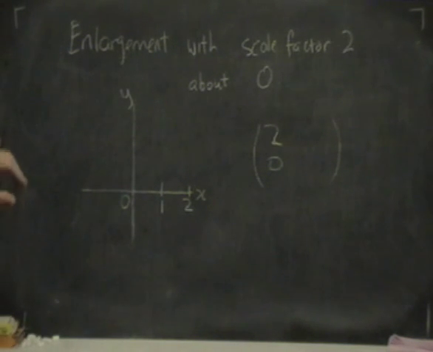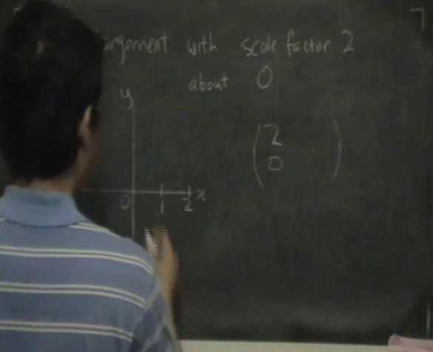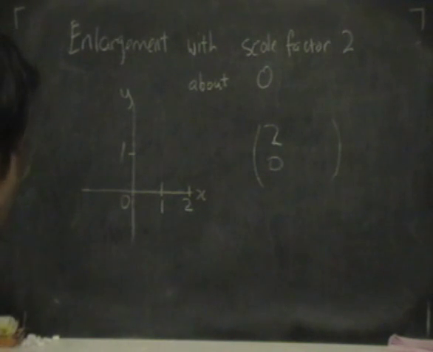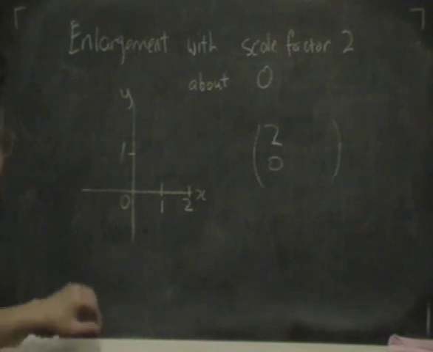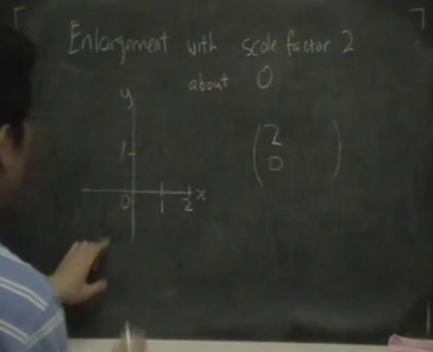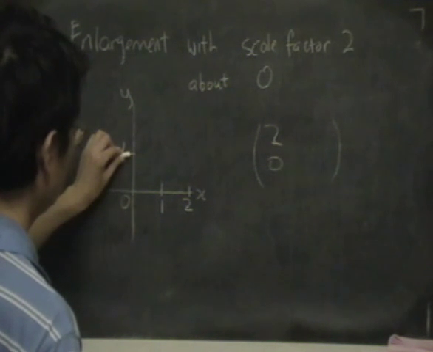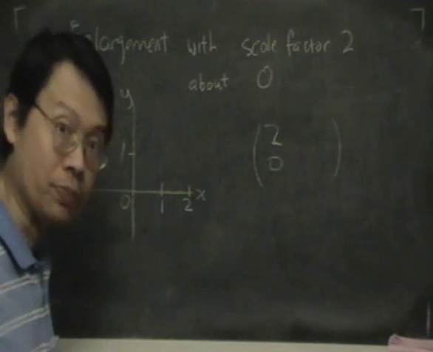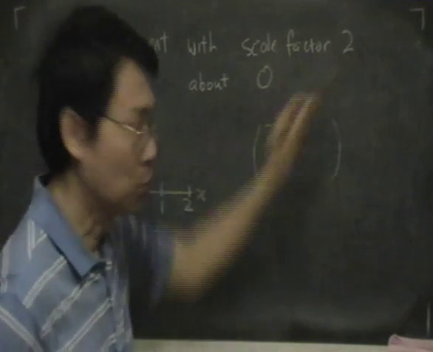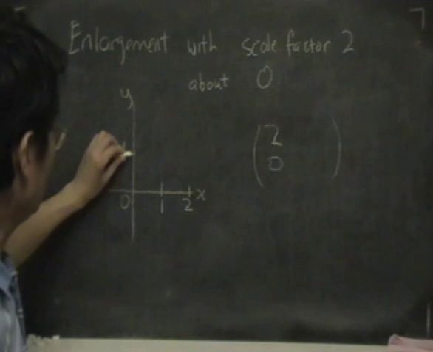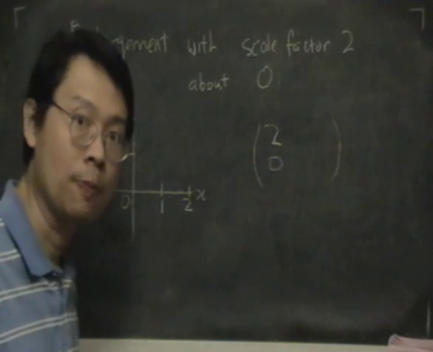Alright, for the next column we look at 1 on the y-axis. Once again we do enlargement about O. So from O to 1 the distance is 1. Scale factor 2 means I must take 1 times 2.